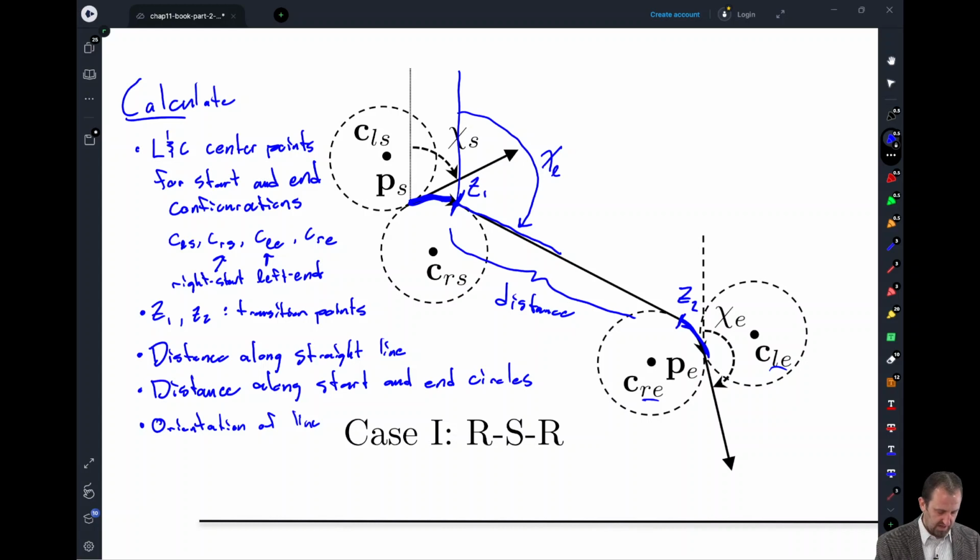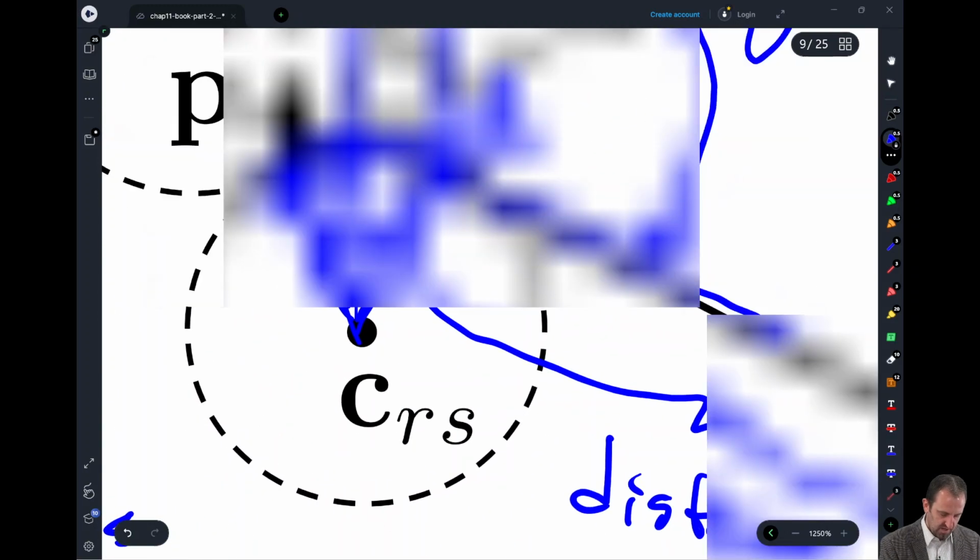And I guess I left this one off. To calculate the path distance, we're also going to need to know the orientation. We call that var theta, just the orientation of the line. We'll also have to know the orientation right here, and we'll call this one var2, the orientation of when we start the circle and when we start the straight line.